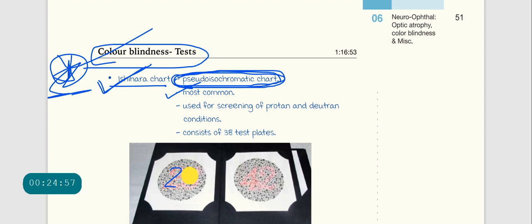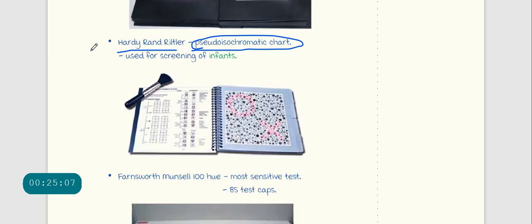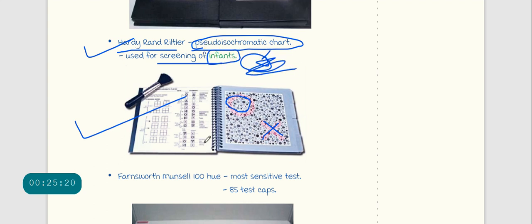But in Hardy Rand Rittler you can see circles, crosses and alphabets. And this is the screening test for infants. Remember, this is the screening test for infants. The next, the modern technique used nowadays, is the Farnsworth Munsell 100 hue test.